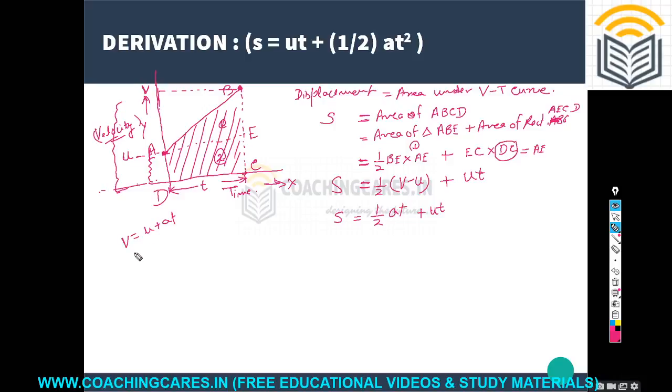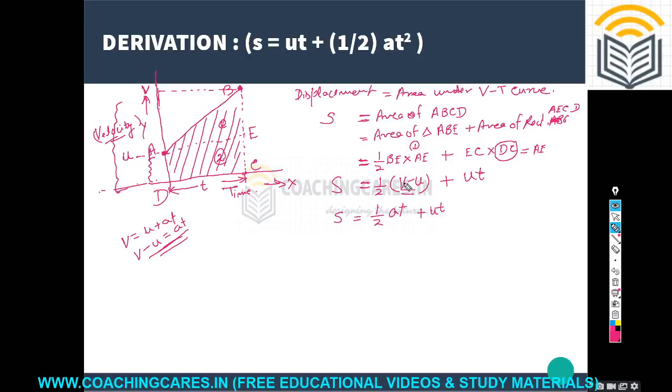So we can write V minus U is equal to AT.